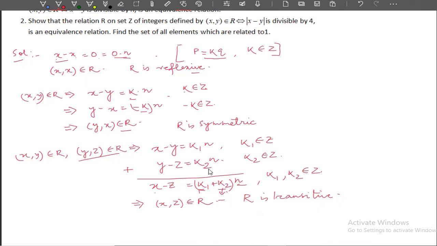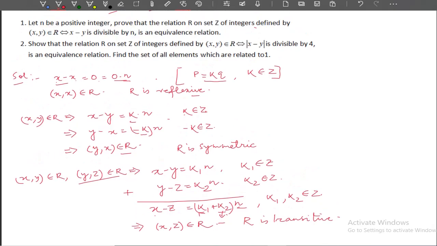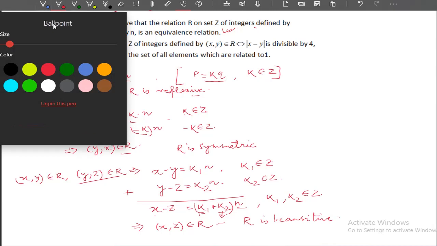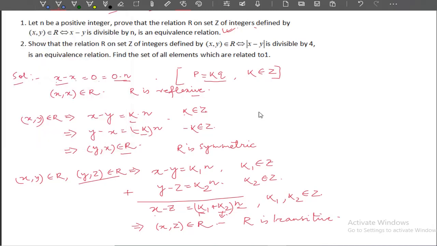So this is an equivalence relation. Now you have proved the equivalence relation. This is what we have in our question, but we are going further into the problem. This is an additional part.